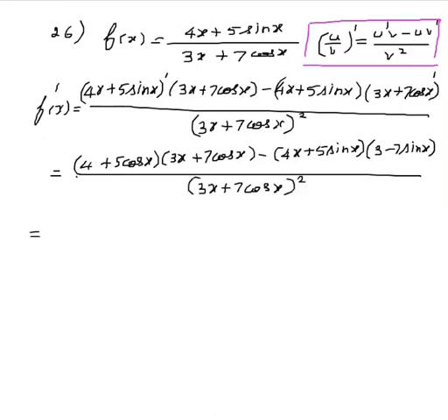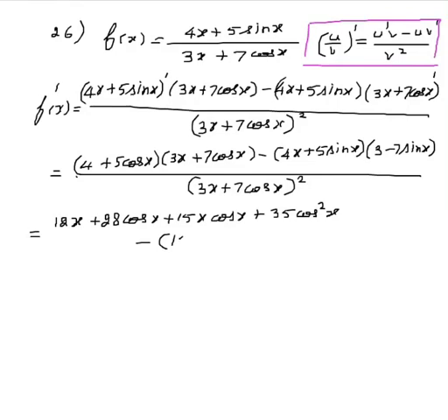Let us simplify the numerator. Distribute and write 12x plus 28 cos x plus 15x cos x plus 35 cos square x. Be careful with the negative sign. Use brackets.